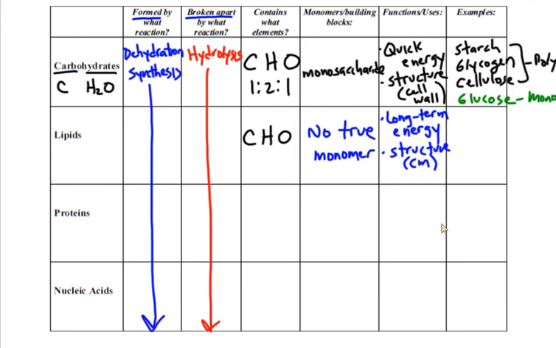Your lipid bilayer is another name for your cell membrane. So we have those phospholipids. And then we also have chemical messengers. These are going to be like your hormones, your steroids to help you out.